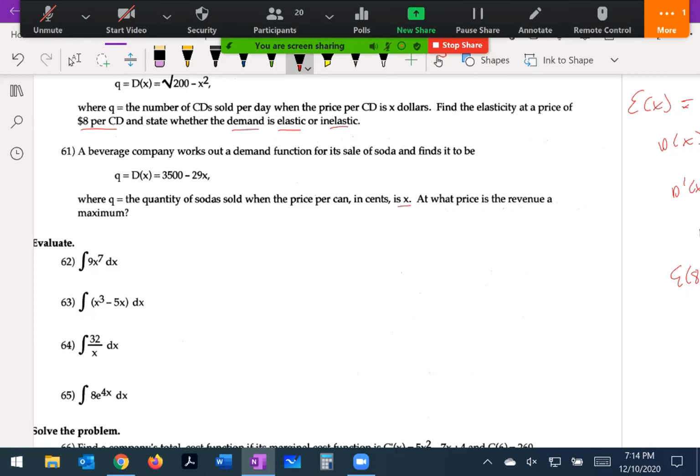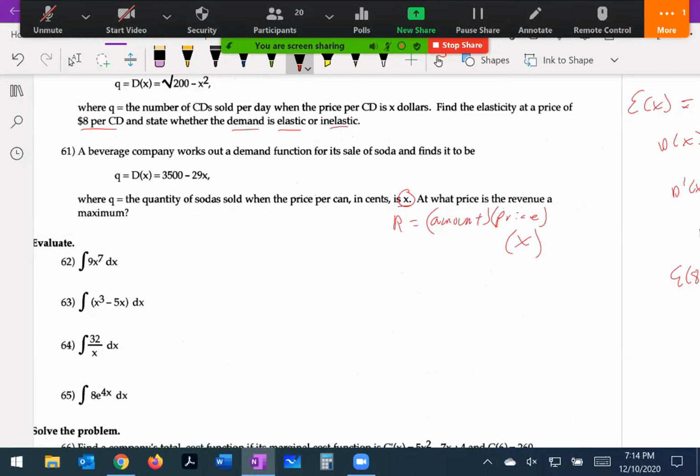Okay, so revenue is equal to the amount times the price, right? So what's the price? Well, the price they're saying is x. What's the amount?